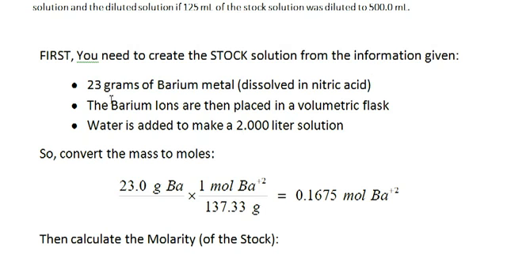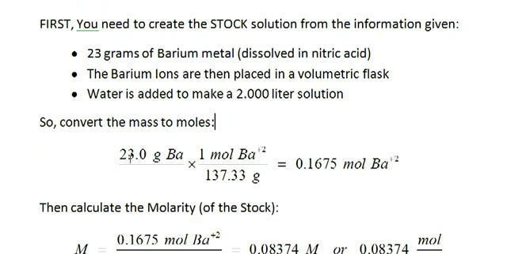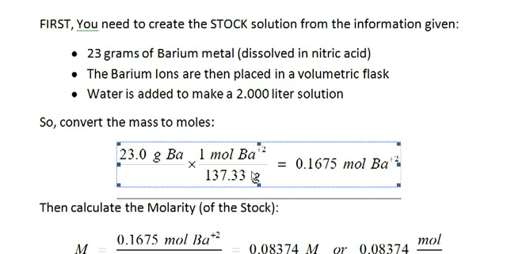So knowing all this information, the first thing that we need to do with the grams of barium is convert to moles. We have to find out what the concentration is, and concentration is moles per liter, or molarity. So we'll calculate the 23 grams of barium and convert that into moles. One thing that you'll notice is I have 23 grams of barium all by itself here because that's a metal before it's actually dissolved in the nitric acid, and then when we finish we've got our barium plus 2.